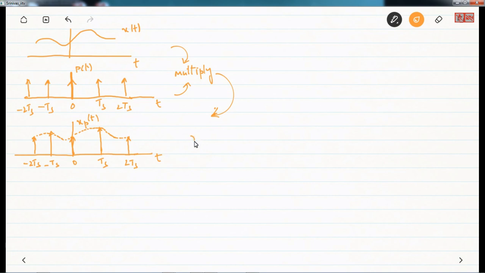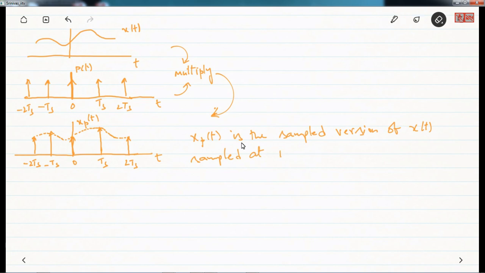So xp of t is the sampled version of x of t, and it is one sample taken every Ts seconds.